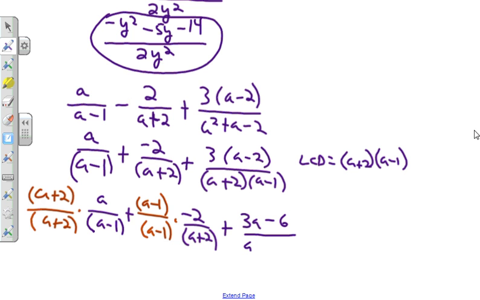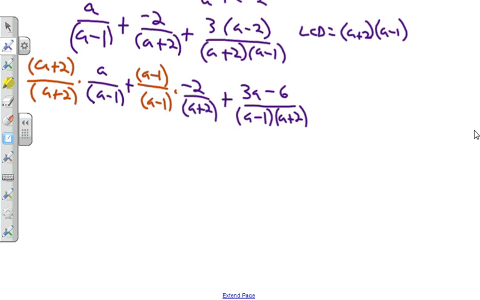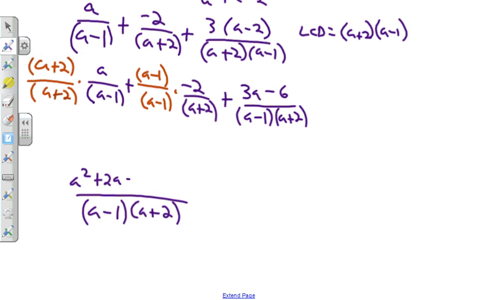Now I've got everything I need in the denominator, so it's a minus 1, a plus 2. This is a squared plus 2a minus 2a plus 2 plus 3a minus 6.